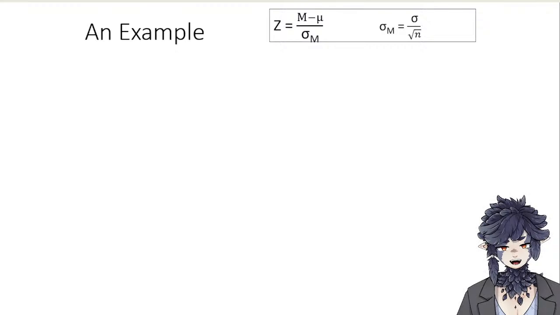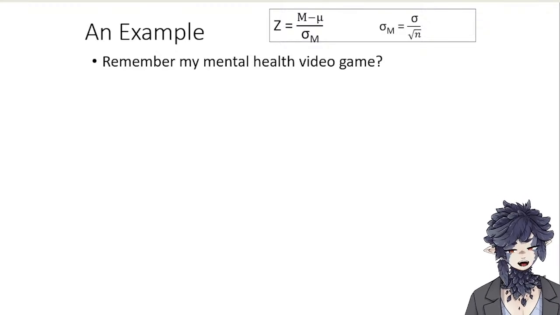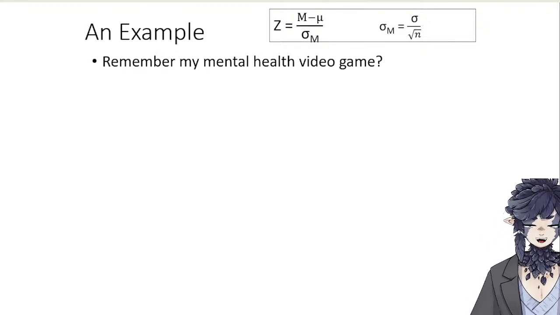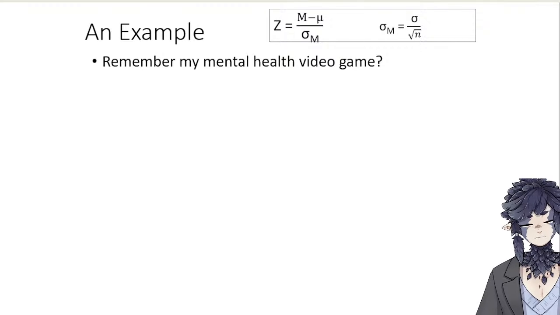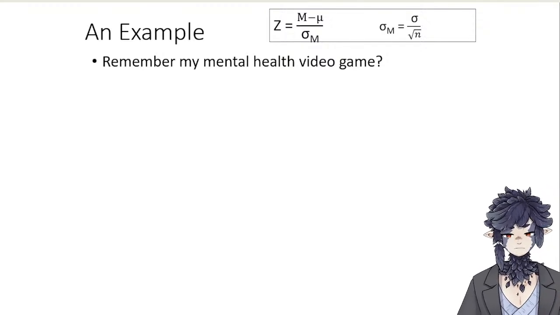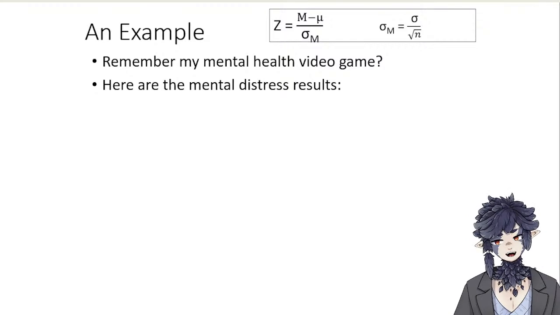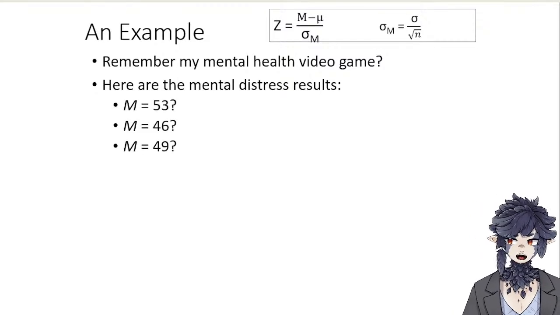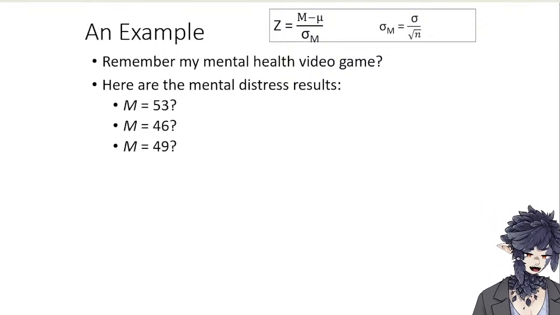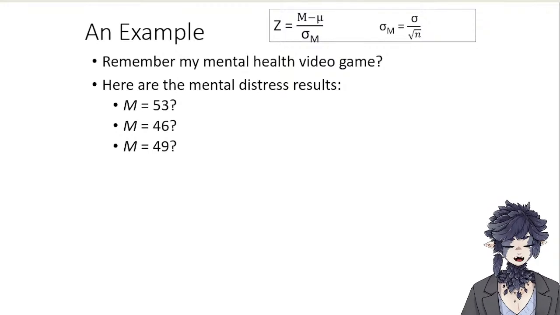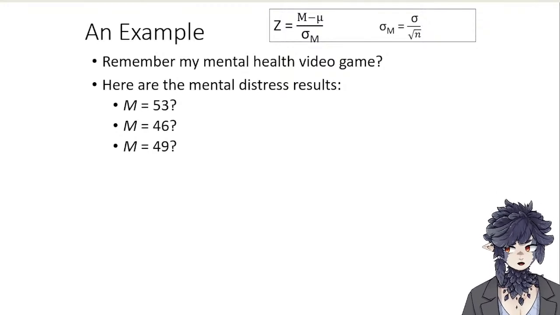Let's do another. So, in a previous lecture, that's right, we're going to do some more math. In a previous lecture, I was trying to create a video game that helped boost people's mental health. Here are possible results, and we used these results before. I forget exactly which one we went with before, but let's say these are several possible outcomes.